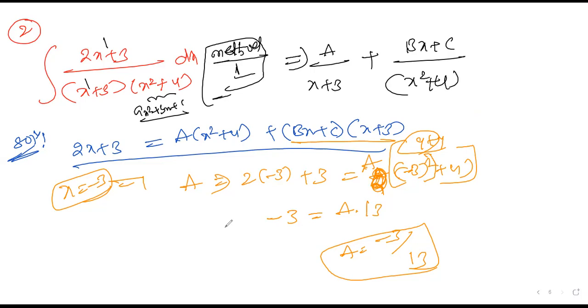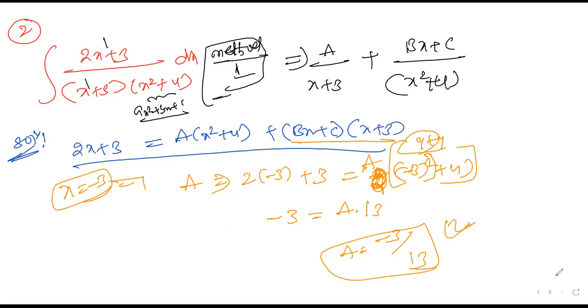They got one value as 16 by 25 and another as 34 by 25, and C as 11 by 5 somewhere. Something we have missed out. A is minus 3 by 13, correct only.